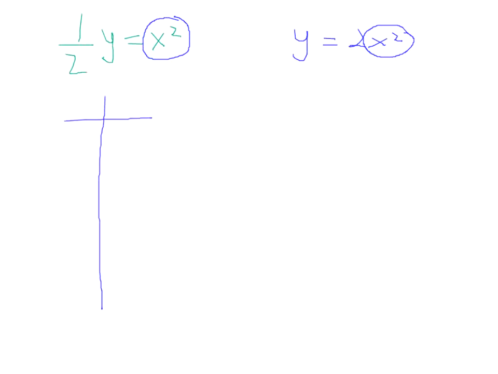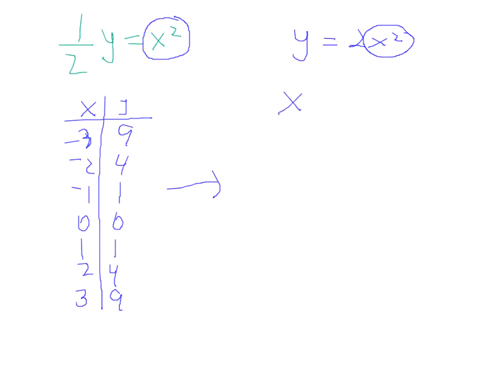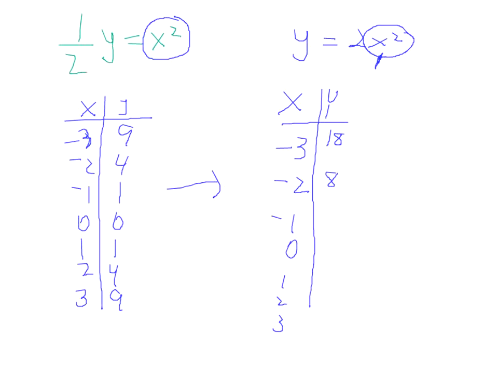So again, I'll take my old table values, -3, -2, -1, 0, 1, 2, 3, and 9, 4, 1, 0, 1, 4, 9. I'm not doing anything to the x values. But what I do now is I'm taking the old y values and doubling them. So this will be 18, and this will be 8, and this will be 2, and this will still be 0, 2, 8, 18.